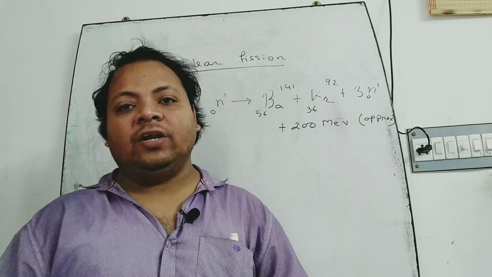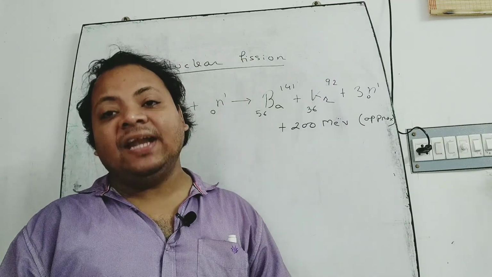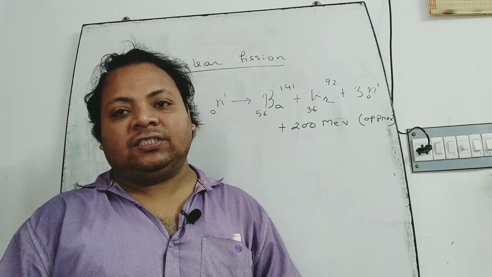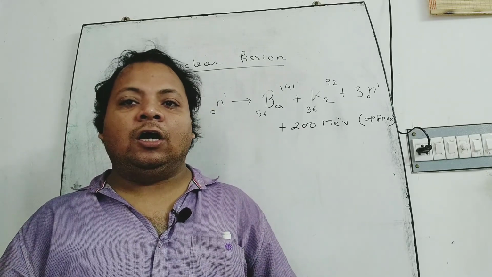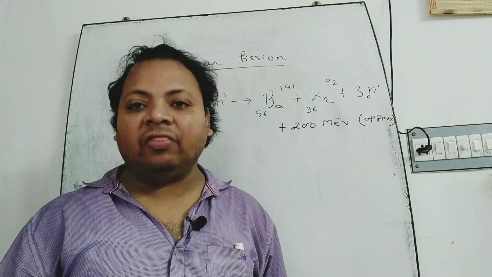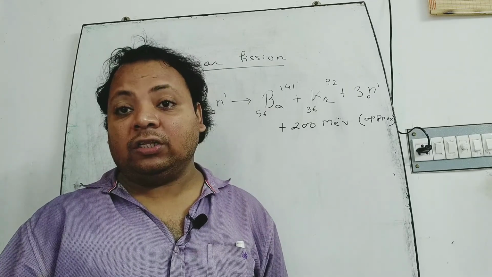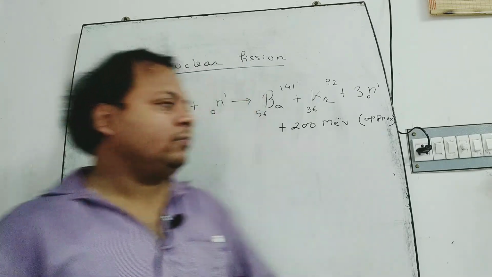This is known as nuclear fission. Nuclear fission mainly takes place due to the collision between a heavy nucleus and a slow neutron or thermal neutron.